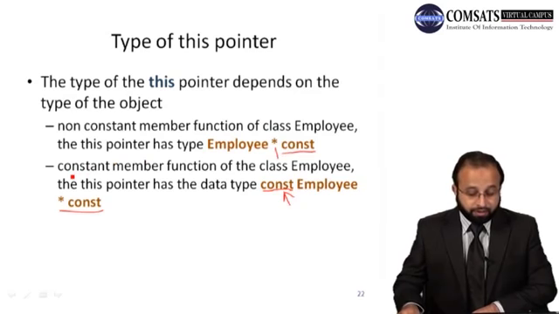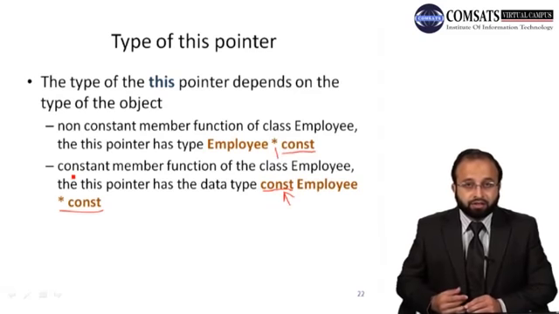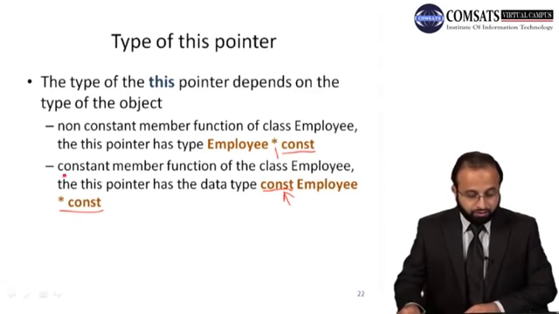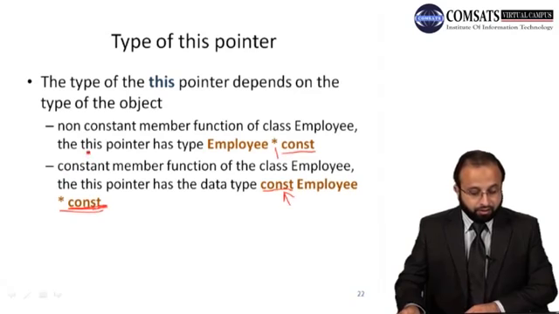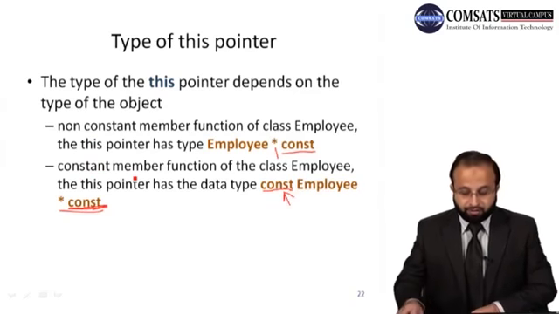So the constant object called the constant member function, and the type of this pointer will be const Employee * const, right? I hope that is clear to you, that the second const represents that the pointer is constant. In both cases, in the non-constant member function or the constant member function, you cannot change the value of that pointer. The pointer is constant, right?